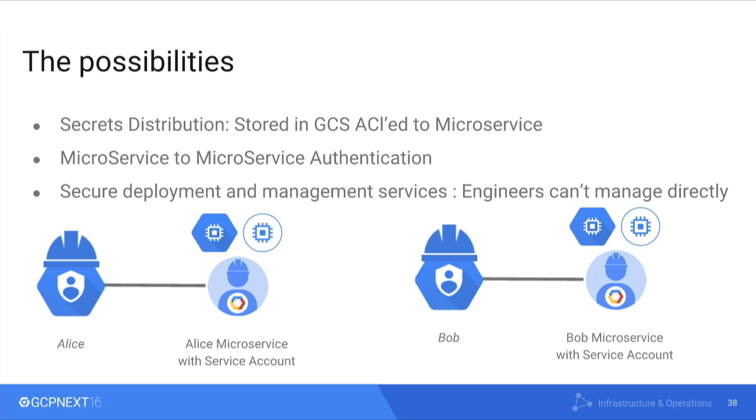They're effectively tied down to that Compute Engine service account, and only the owners of that microservice can actually deploy code to it. You can actually take it one step further, where Alice and Bob don't actually have direct access to deploy. They delegate that authority to a deployer service account, which then has the authority to deploy to the fleet of microservice VM instances, which means the developers don't actually have access to the raw instances, but they can always get to it in case there's an emergency.